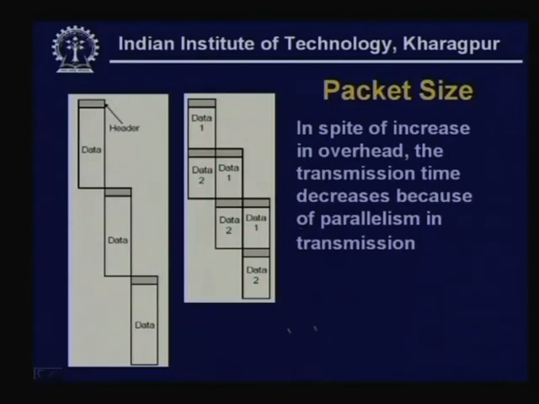For example, this is the header 4 bytes, and here is the data 32. That means 4 plus 32, that means 36, and then it will require 3 hops. So, 36 into 3, that many bytes are to be transmitted, that means 108.